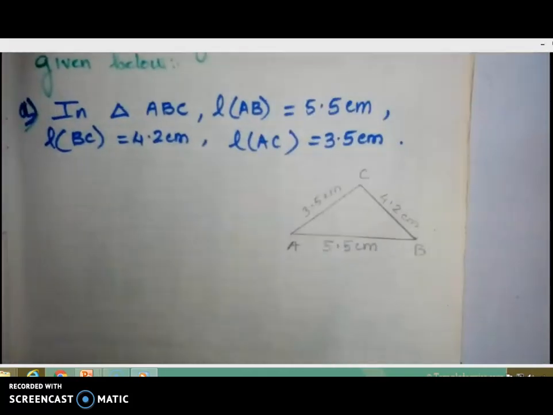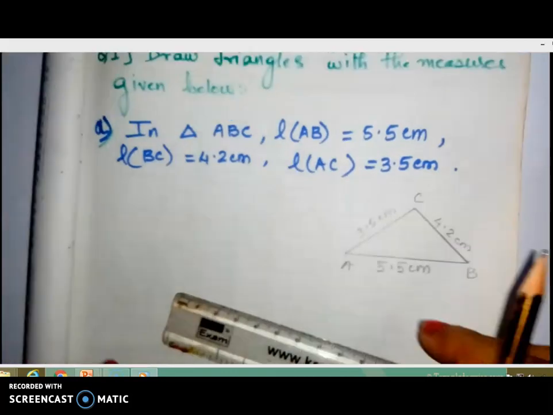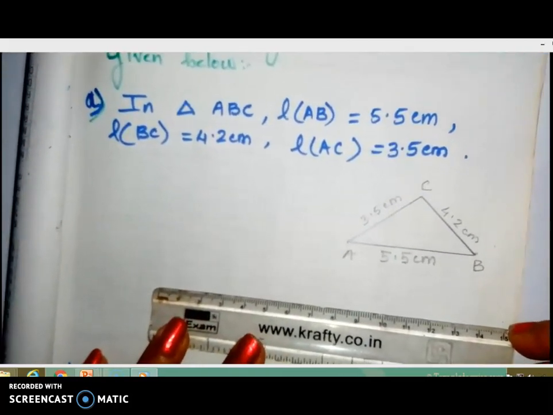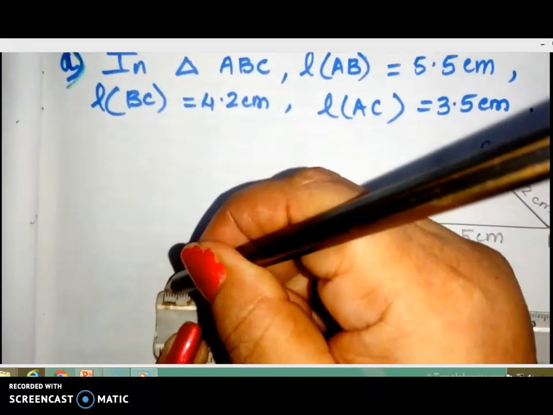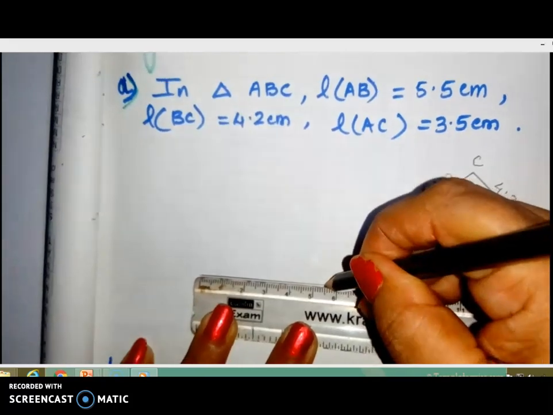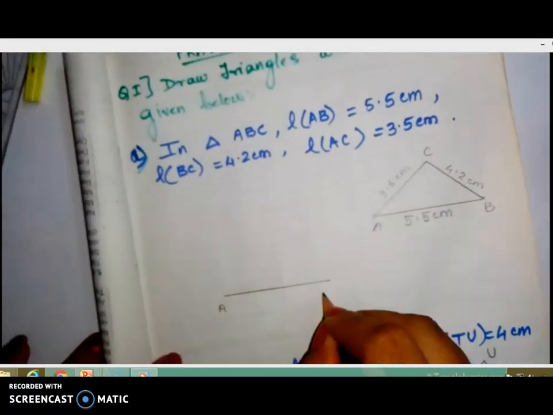Now we will proceed to the final construction. So we'll begin by drawing the base AB equal to 5.5 cm.